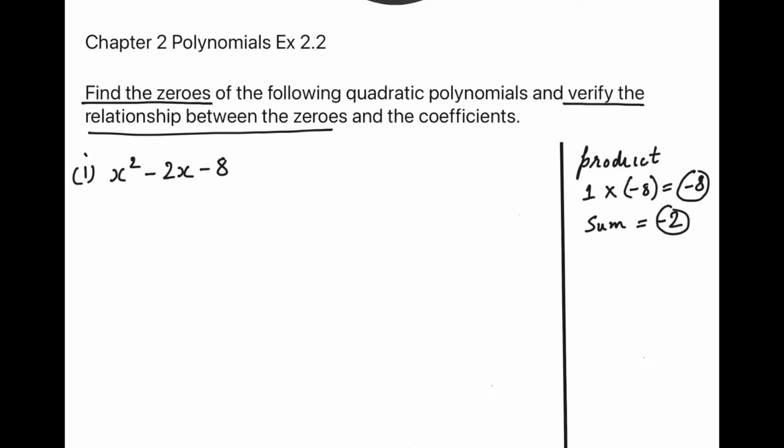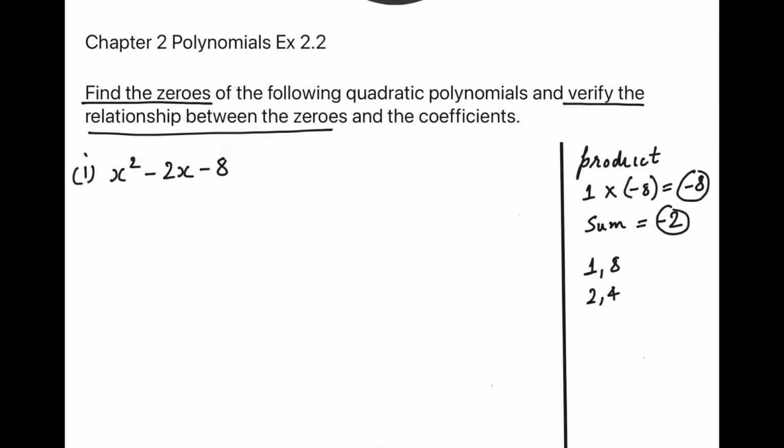So for a moment, let's ignore the sign of these two numbers. Let's look at the product number, which is 8. Let's start with finding the factors of number 8. The factors are 1 and 8, this is one pair of factors, and the second is 2 and 4. Now if we look at 1 and 8, it can give the product as 8, but their sum cannot be 2.